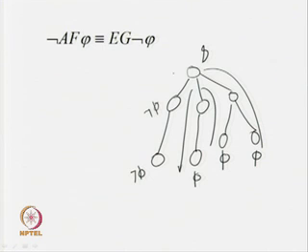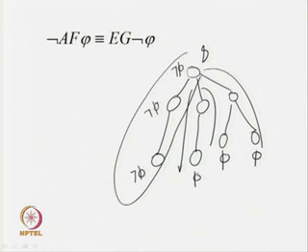Similarly, in S 0 also not of phi must be true. So we are going to get one particular path where globally not of phi is true. In this state diagram, in state S, there exists a path where globally not of phi holds.